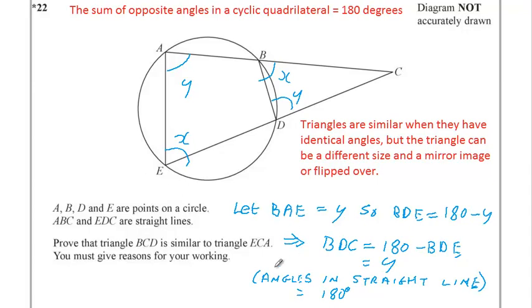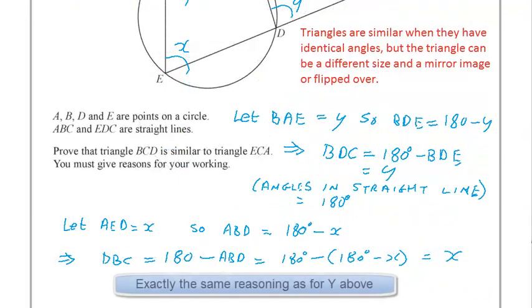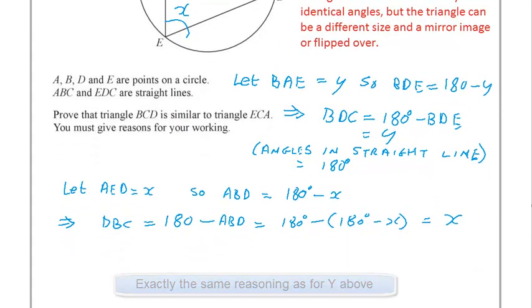And for completeness, we can add in this bit here, angles in a straight line equal 180, which is where we got this bit from. And similarly, that's all that needs to be done for this question.